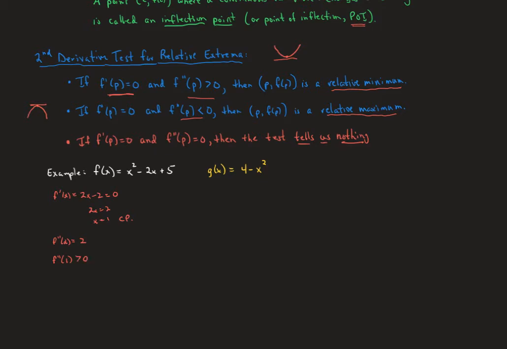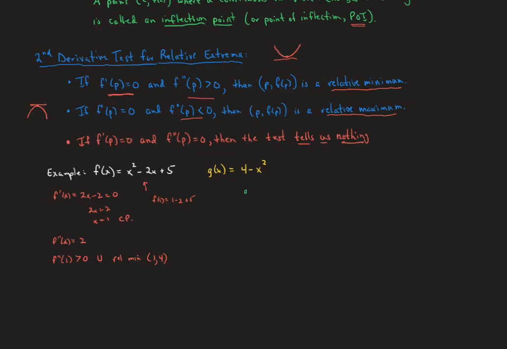Since that is positive, that means the function is concave up at the same place where its derivative was 0, where it had a horizontal tangent. That means we're going to have a relative minimum at x equals 1, and we plug that into the original function to get the y-coordinate, which is going to give us, I believe, 4. And so we're going to get a relative minimum at (1, 4).